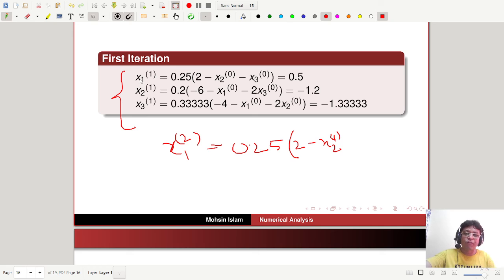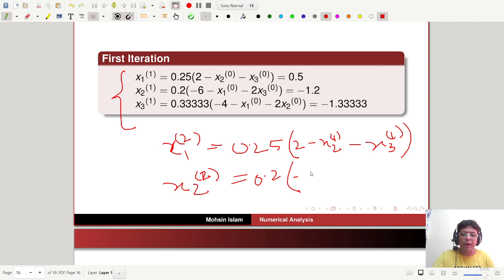So I now use the values of the first iteration and successively substitute. This is the process. Now x2(2), the second iteration, is 0.2 times (6 minus x1(1) minus 2x3(1)).